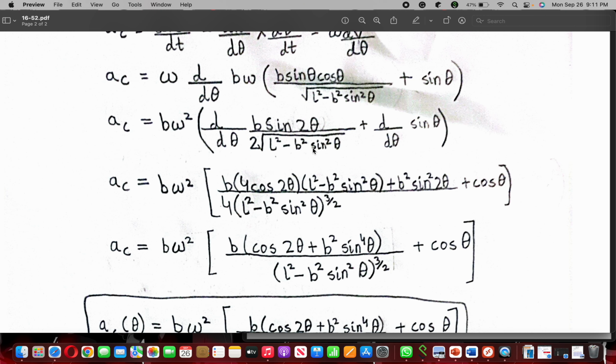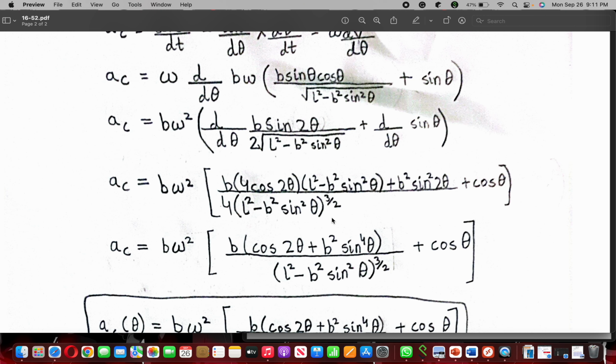So we take two terms, consider them as u and v, and then we use the formula: v times the differentiation of u, minus u times the differentiation of v, all over v square. After differentiating all of it, we get these values.